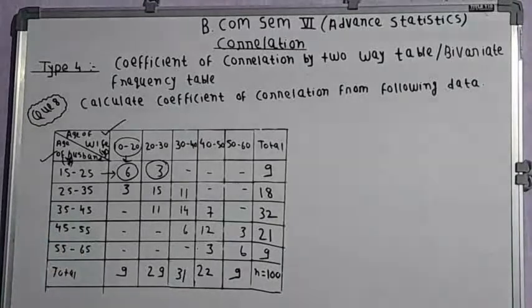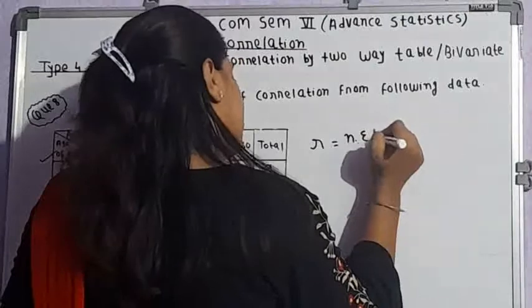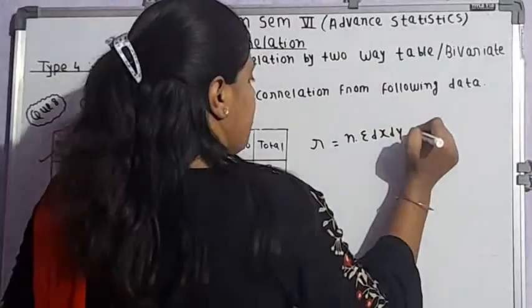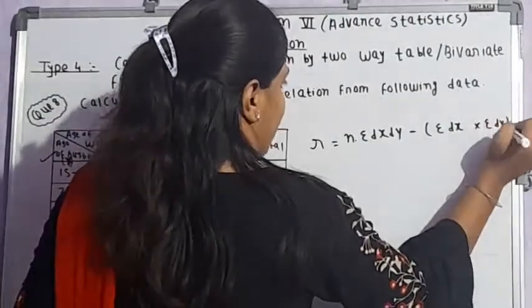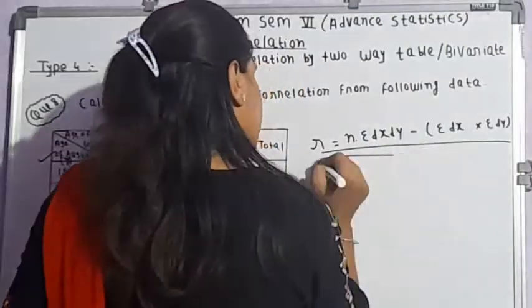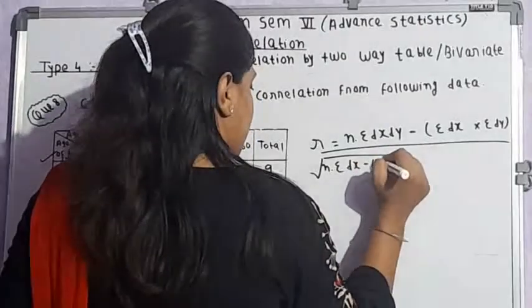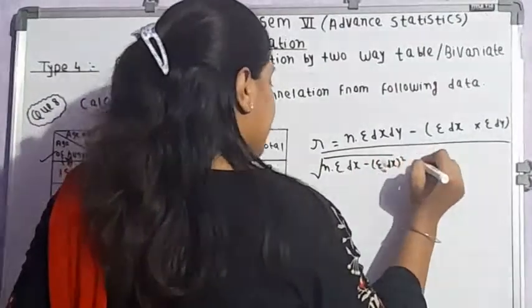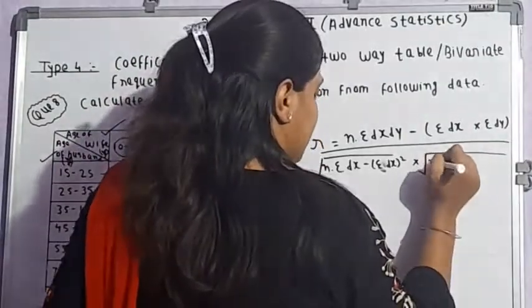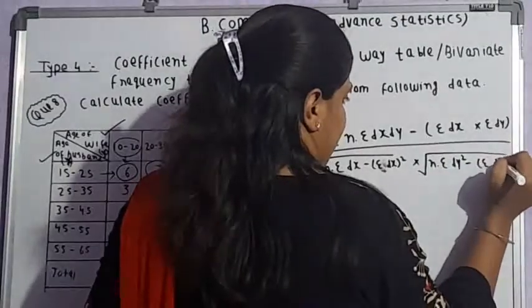Generally, when the frequency is not given, the formula for the calculation of the coefficient of correlation is: r equals n into summation dx dy minus, under bracket, summation dx into summation dy, upon under root n into summation dx square minus summation dx whole square, into again under root n into summation dy square minus summation dy whole square.